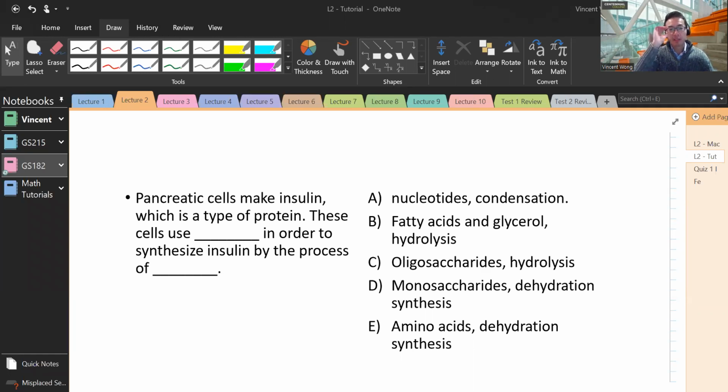This one is a little bit tricky, right? You have to do some reading, right? Okay, so let's see.